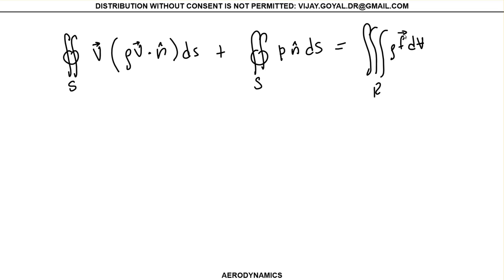Okay, so let's work with each one of the terms and let's see what happens. This is term number 1, number 2, and number 3.